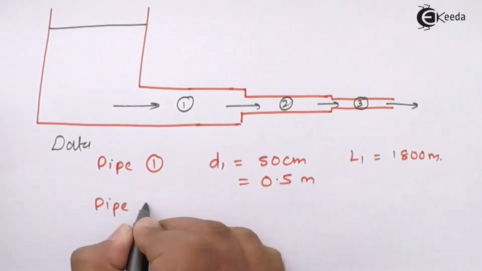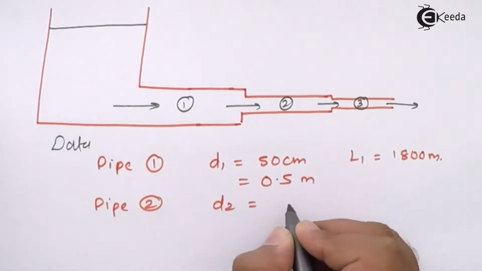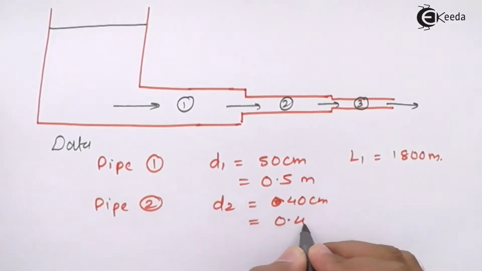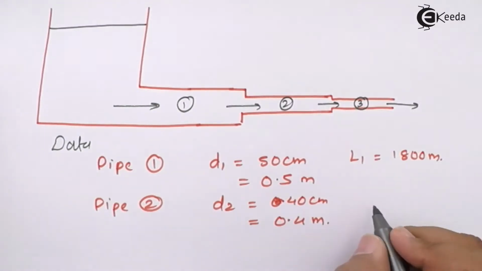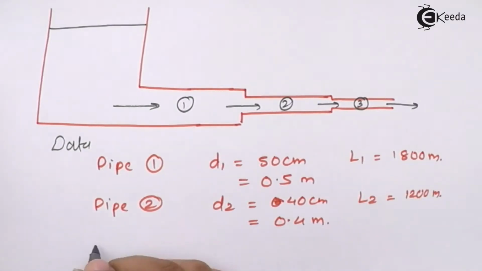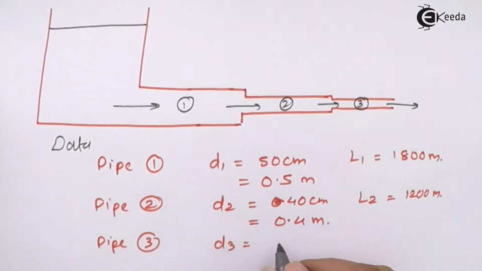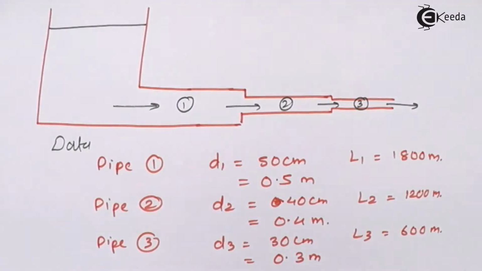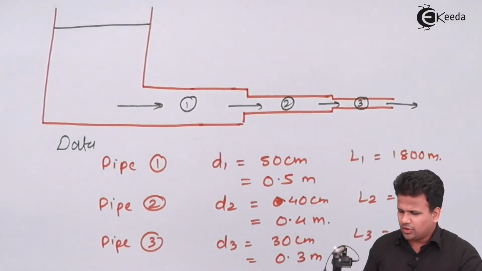For pipe 2, diameter d2 is 40 centimeters, so this is 0.4 meters, and L2 is 1200 meters. For pipe 3, d3 is equal to 30 centimeters, which is 0.3 meters, and L3 is equal to 600 meters. So we have written down all the data.